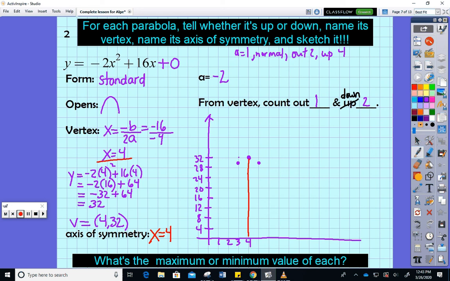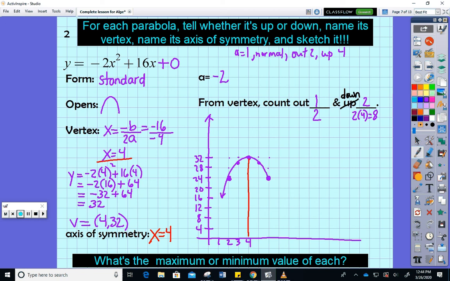So on this one, we could say if we go out 2, we're going to go down not 4, but 2 times 4 is 8, because I'm multiplying my normal up-down movements by 2, because A is 2. So I could go out from the vertex 1, 2, down 8, and down 8 would be 2 full tick marks. So out 1, 2, down 4, 8. So that would give you an easier point to plot.